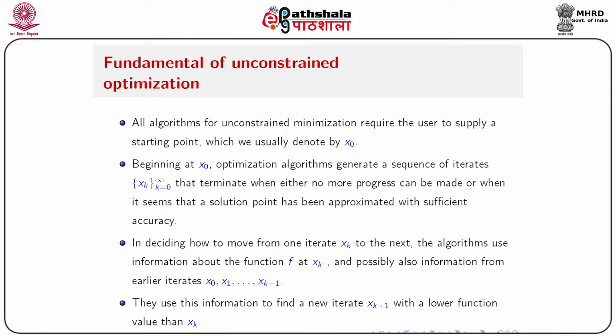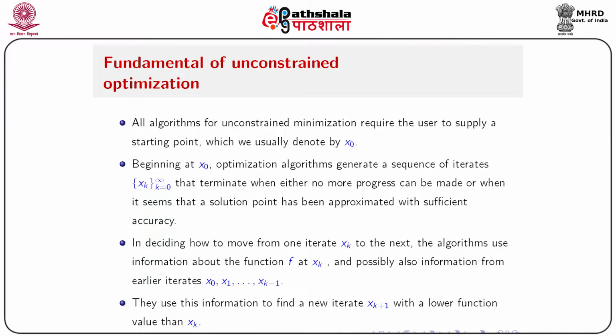Fundamentals of unconstrained optimization. All algorithms for unconstrained minimization require the user to supply a starting point, which we usually denote by x0. Beginning at x0, optimization algorithms generate a sequence of iterates xk for k = 0 to infinity that terminate when either no more progress can be made or when it seems that a solution point has been approximated with sufficient accuracy.